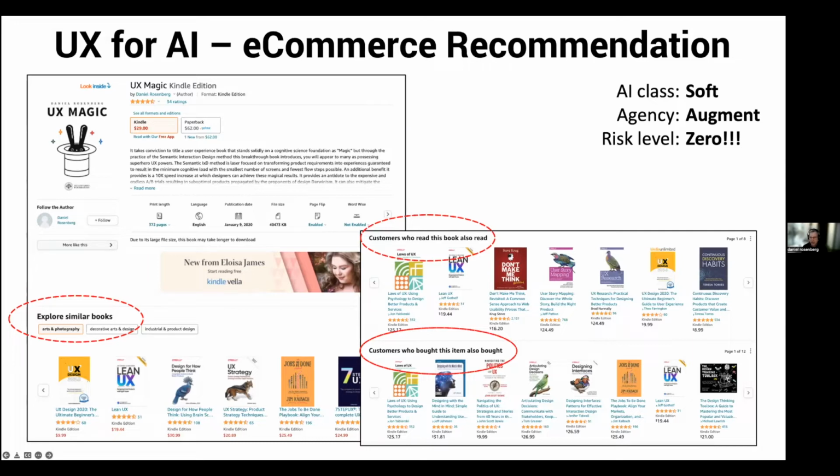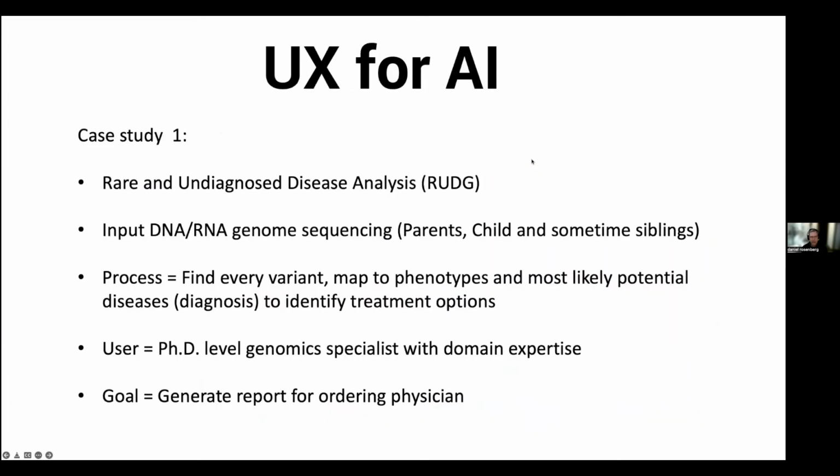But this next example is one that has very high stakes. And this is a solution from a company called Illumina, who is the largest producer of DNA sequencing instruments. So it's a genomics company. They make the instruments, they make the chemistry, and they make the software that surrounds the instruments and the chemistry both before and after the sequencer.